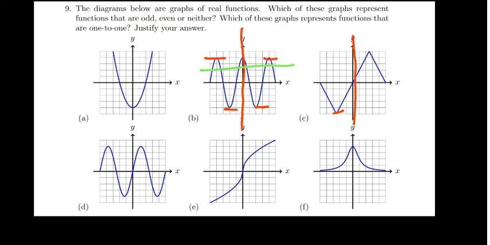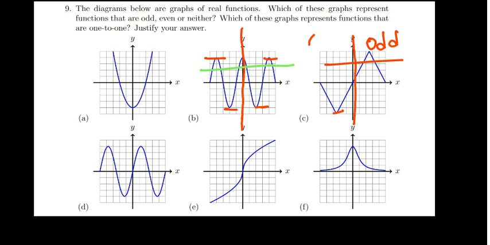So a function where the left and the right hand side are of equal size, but not mirrors of each other, that is an odd function. So this function is said to be odd. It is symmetrical but not a mirror, it's not like an image of the other. Is it one-to-one? If you draw a line, it will cut the graph at more than 2 points, so it's not a one-to-one function.